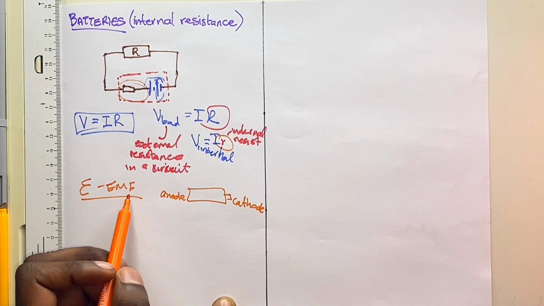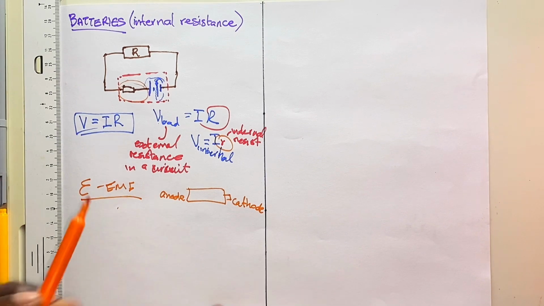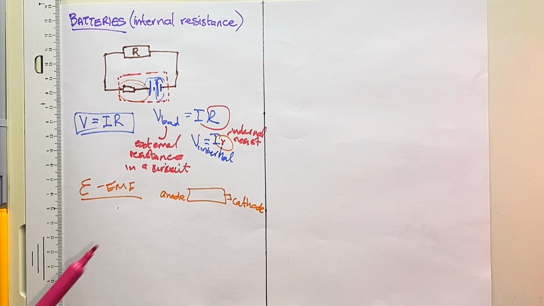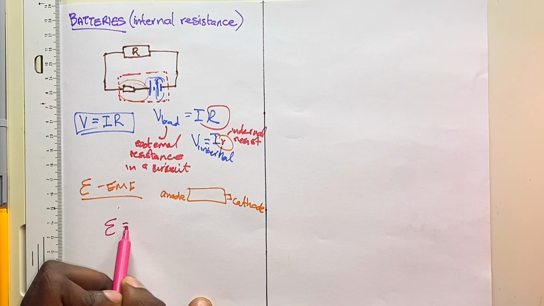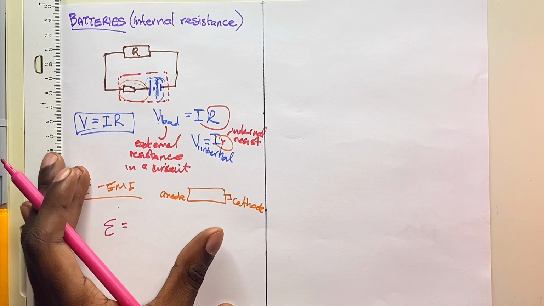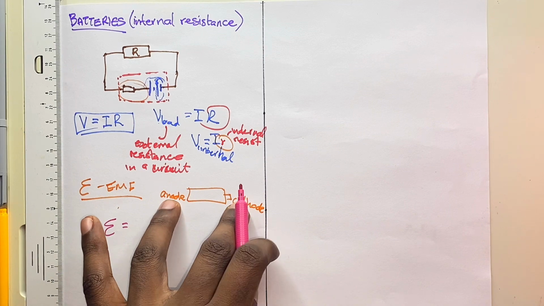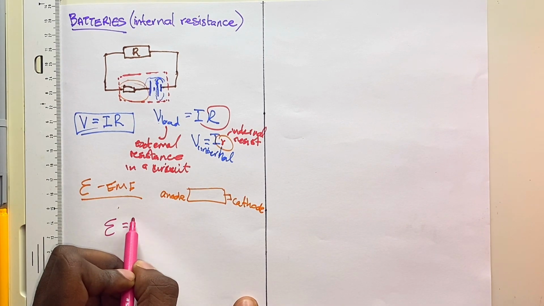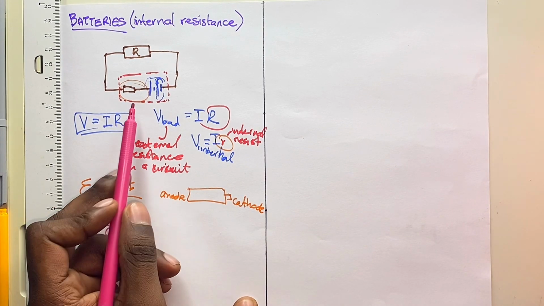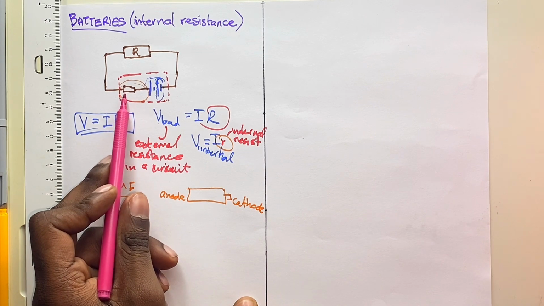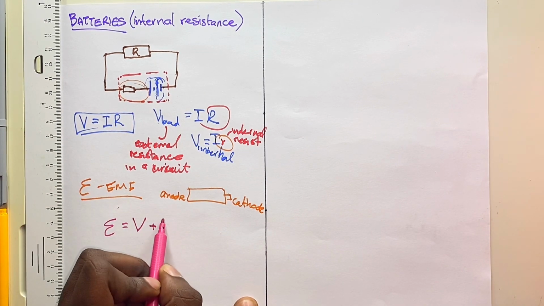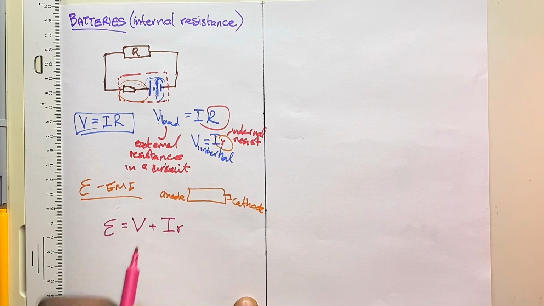Now let's link them mathematically. To find the total EMF, which is the potential difference between the two terminals, you take the V load, which is the external voltage, and you add the internal voltage.